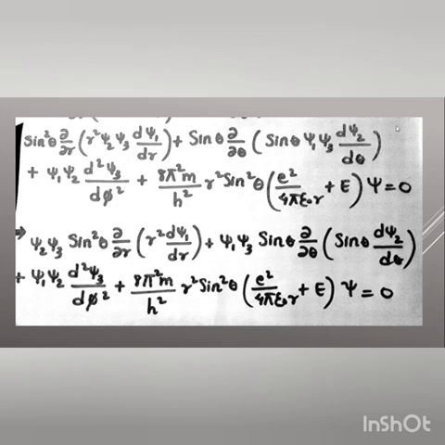When you rearrange this equation, you get psi 2 psi 3 sine square theta partial by partial r square del psi 1 by del r plus psi 1 psi 3 sine theta partial by partial theta sine theta del psi 2 by del theta plus psi 1 psi 2 del square psi 3 by del phi square plus 8 pi square m by h square r square sine square theta e square by 4 pi epsilon naught r plus e psi equals 0.